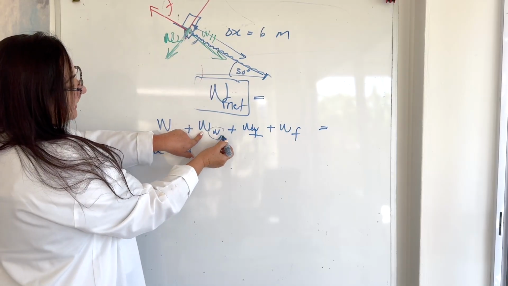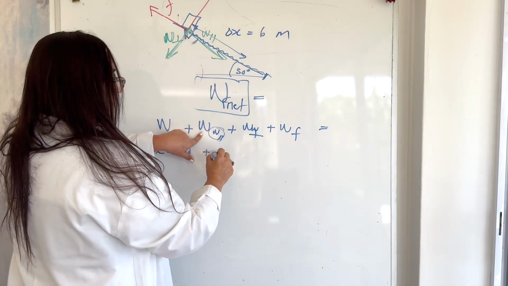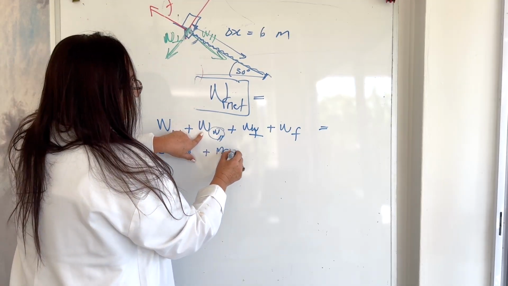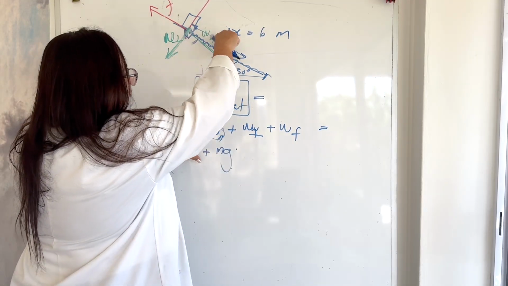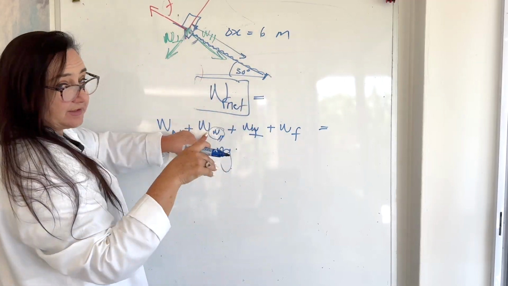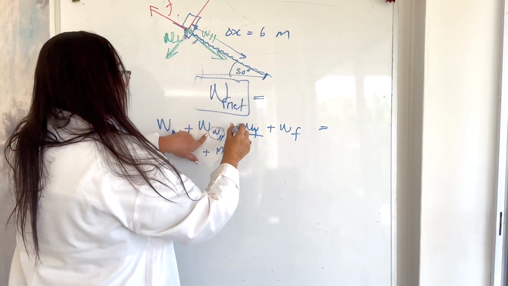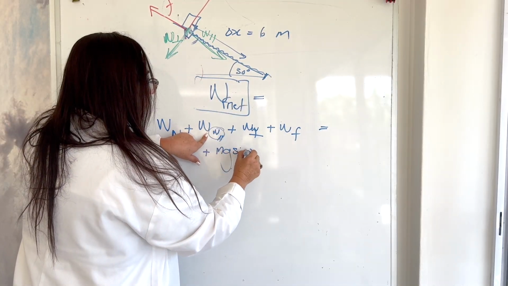So I've got to work out what is my weight. My weight is my mass times gravitational acceleration, mg, and it's going to be parallel sliding down. I always say it slides down to hell because it's sin. So I'm going to use sin 30 degrees.